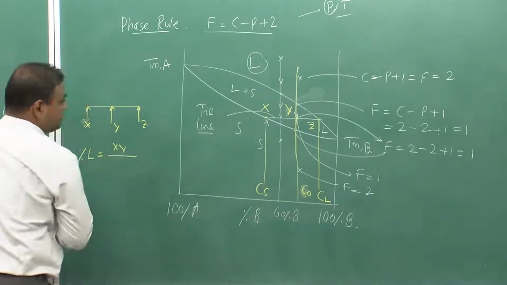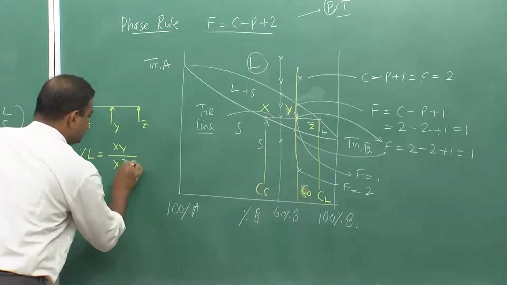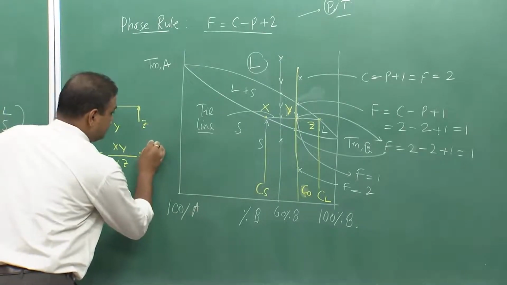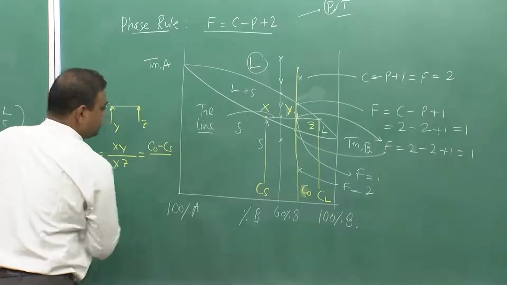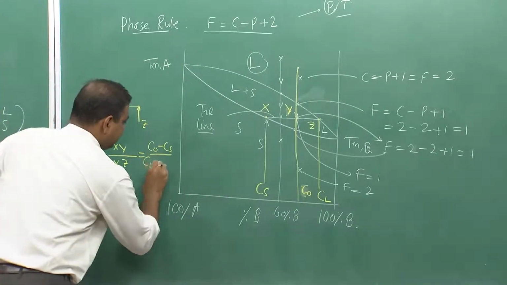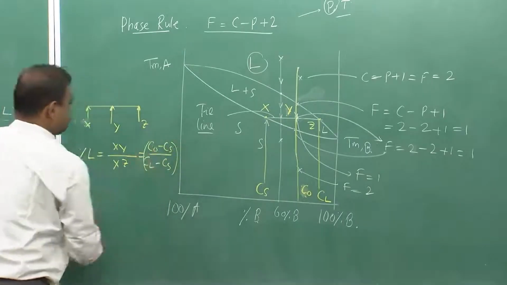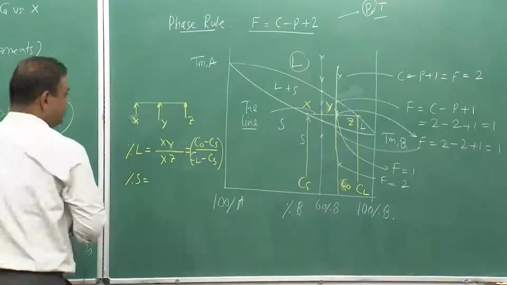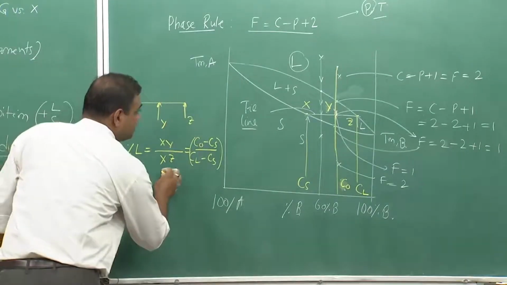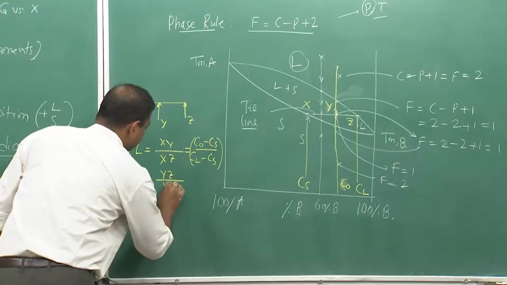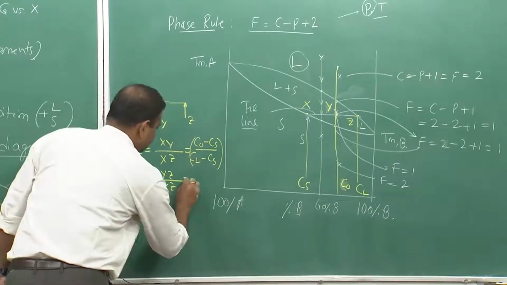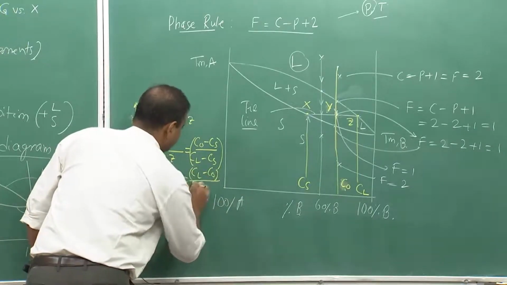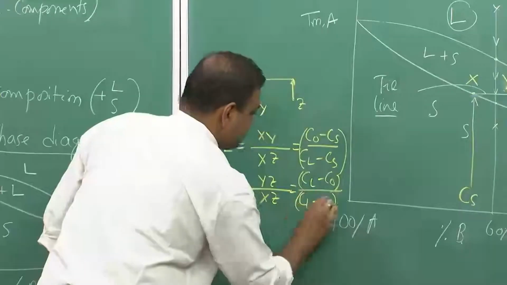Then the percentage of liquid would be xy divided by xz equal to C0 minus Cs divided by Cl minus Cs. Similarly, I can also get the percentage of solid phase, that would be yz divided by xz equal to Cl minus C0 divided by Cl minus Cs.